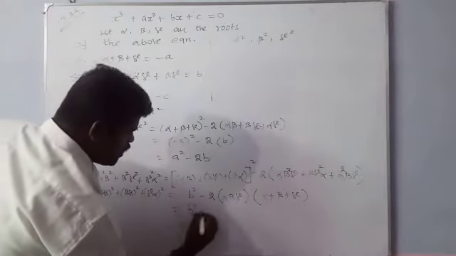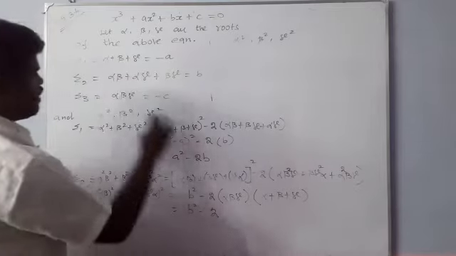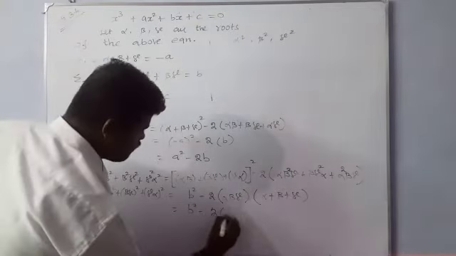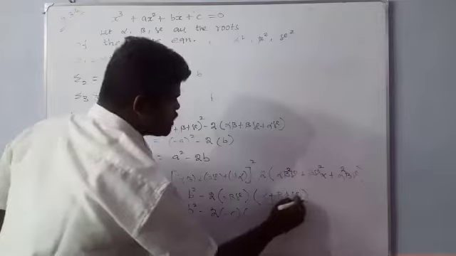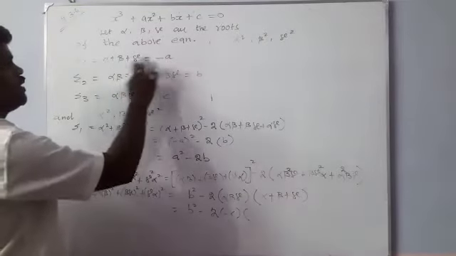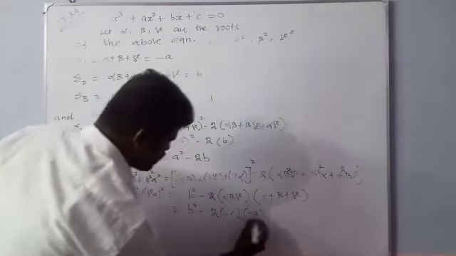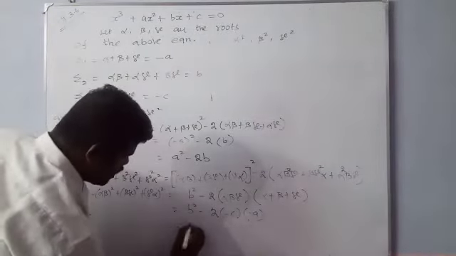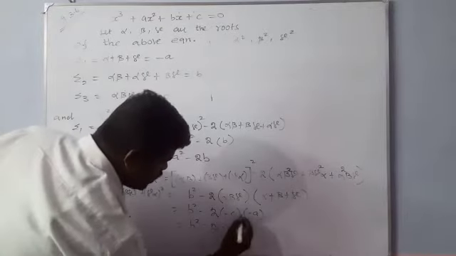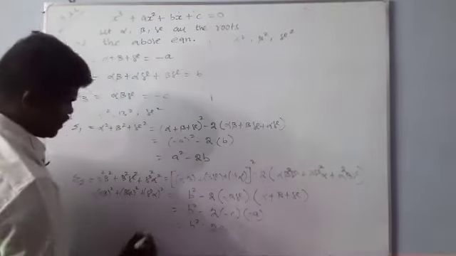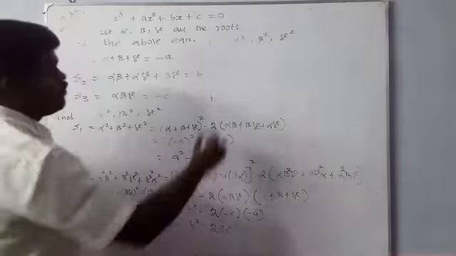Now b square minus 2 into, what is the value of alpha beta gamma? Minus c. And alpha plus beta plus gamma is what? Minus a. So the value is b square minus 2. These both minus are multiplied by plus 2ac. This is the value of summation 2.